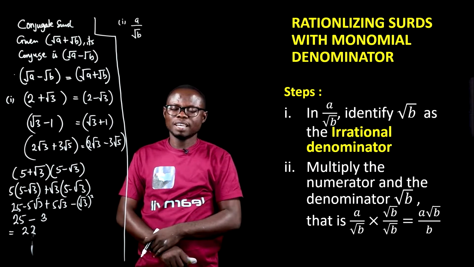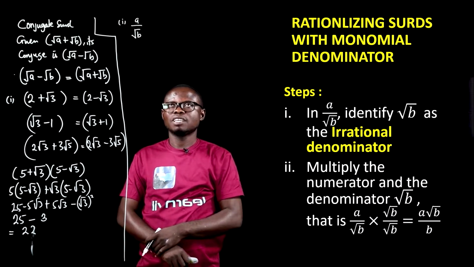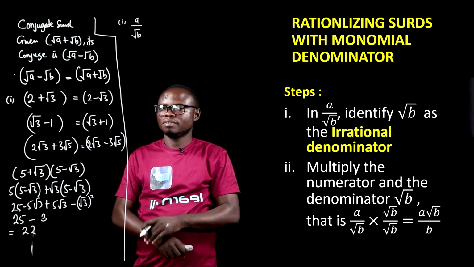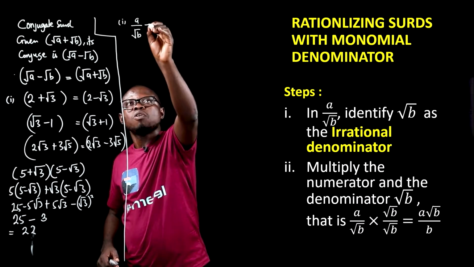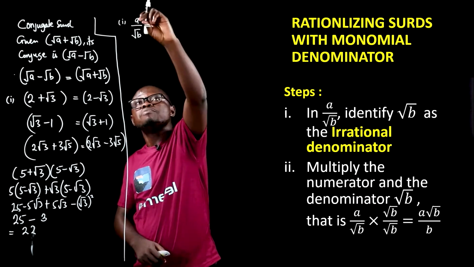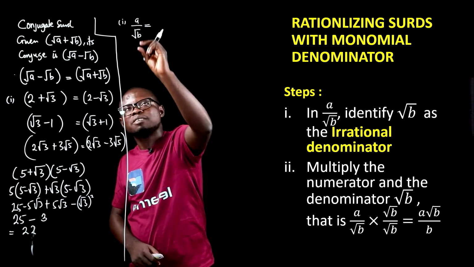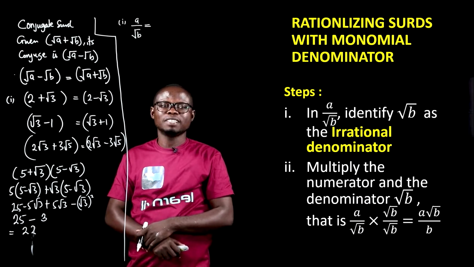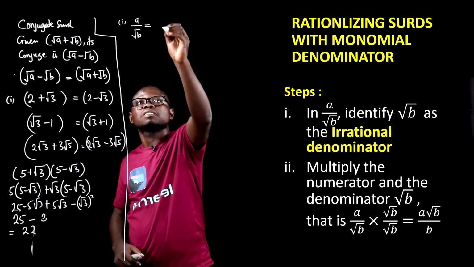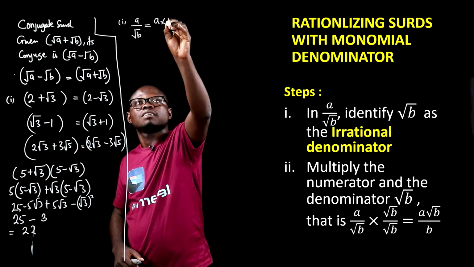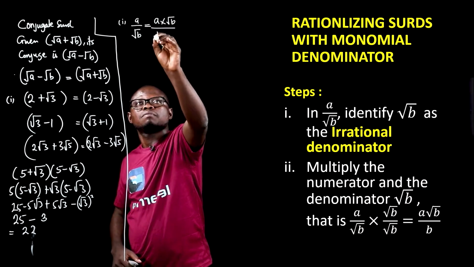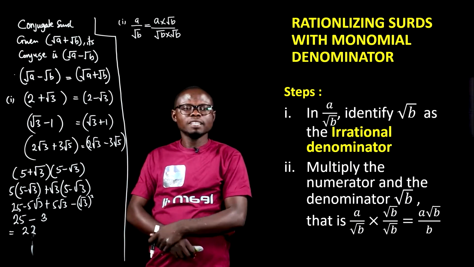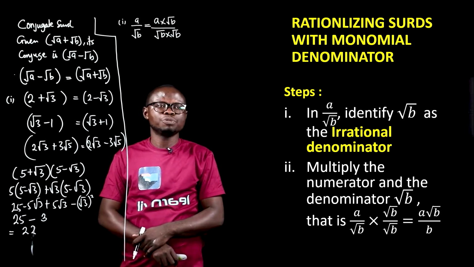Let us try and rationalize this. To rationalize a over root b is very simple. Multiply the numerator by root b as well as the denominator by root b. This becomes a times root b over root b times root b.